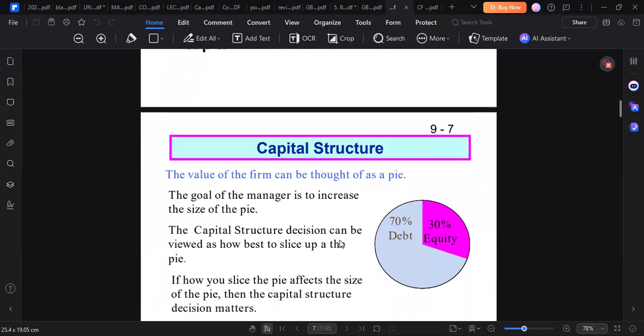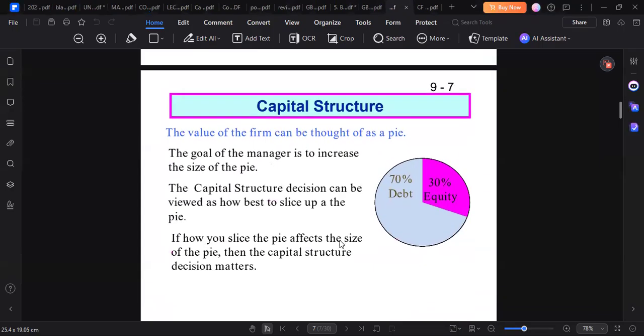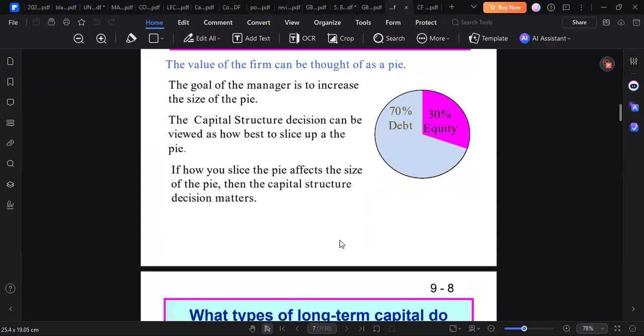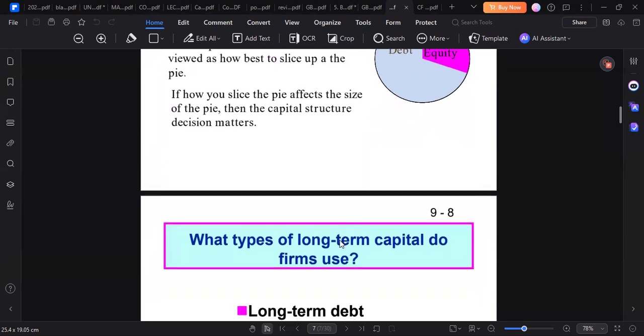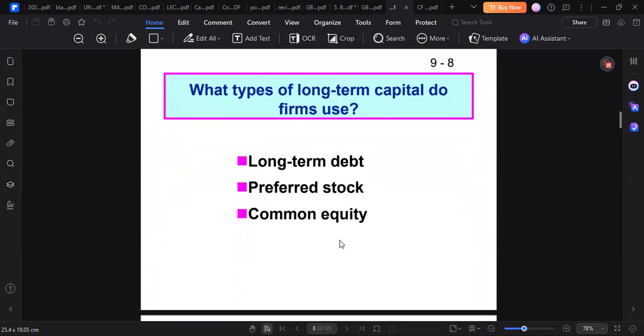The types of long-term capital that firms use include the following. We have long-term debt, which may include bonds, loans, debentures. We have preferred stock. We also have common stock, which we call equity, which includes common stock plus retained earnings.